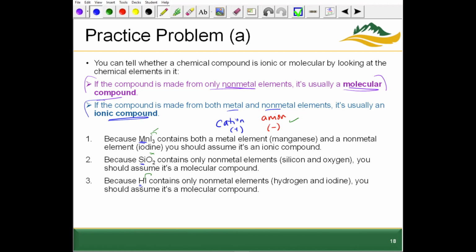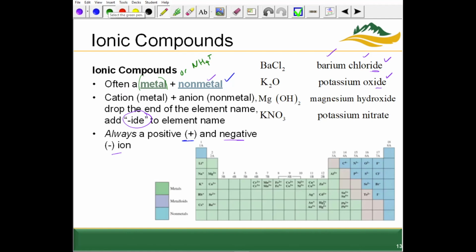For example, is hydrogen a metal? Is silicon a metal? Is manganese a metal? So we should be able to look at a non-colored version of the periodic table, find manganese, and know that is a metal. Hydrogen, it's in group 1A, but it's definitely a nonmetal.